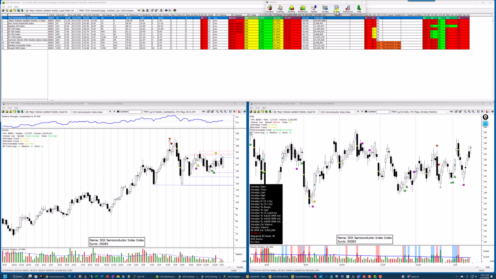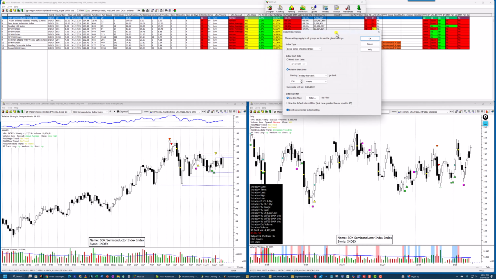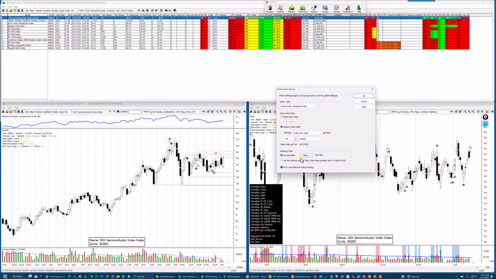Now, the first thing I want you to do, if you want your indexes to look like mine, is go to the global index options. And do not use the default internal filter anymore. I found this working with a customer: they were getting the wrong number of stocks in this column here, securities in index.